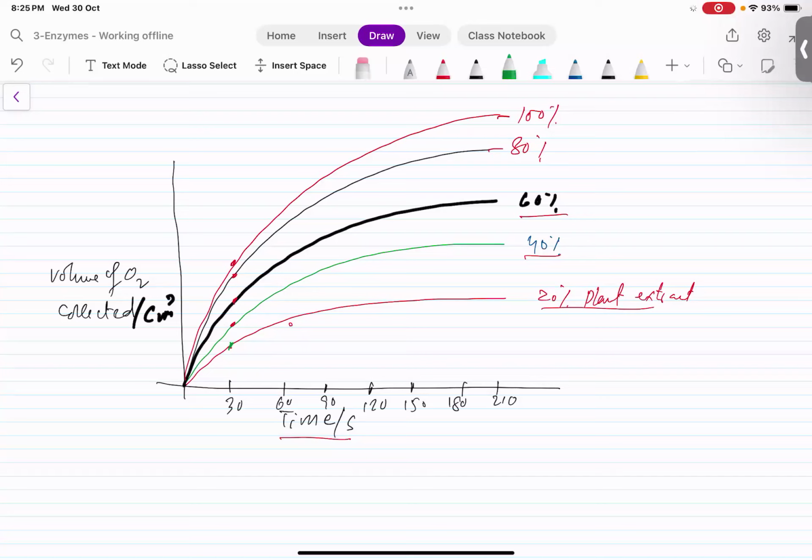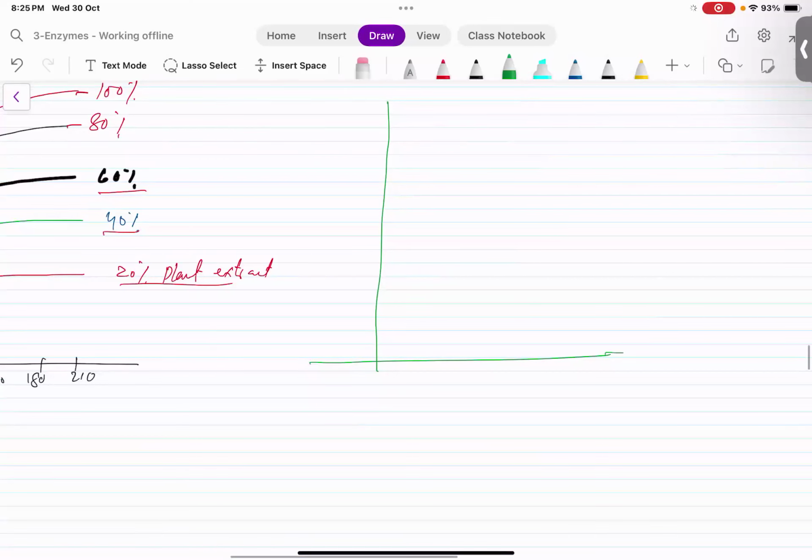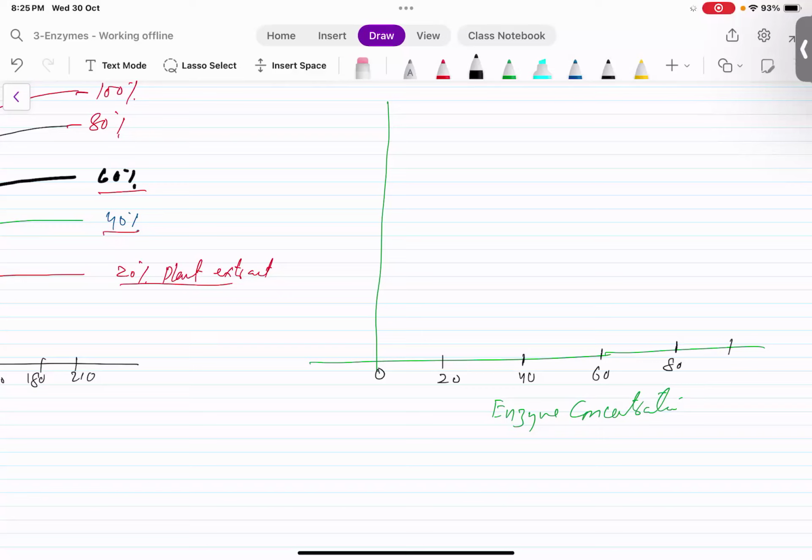Okay, so we can plot enzyme concentration. You see, we can start with 0. We can write 20, this is 40, this is 60, this is 80, and this is 100.